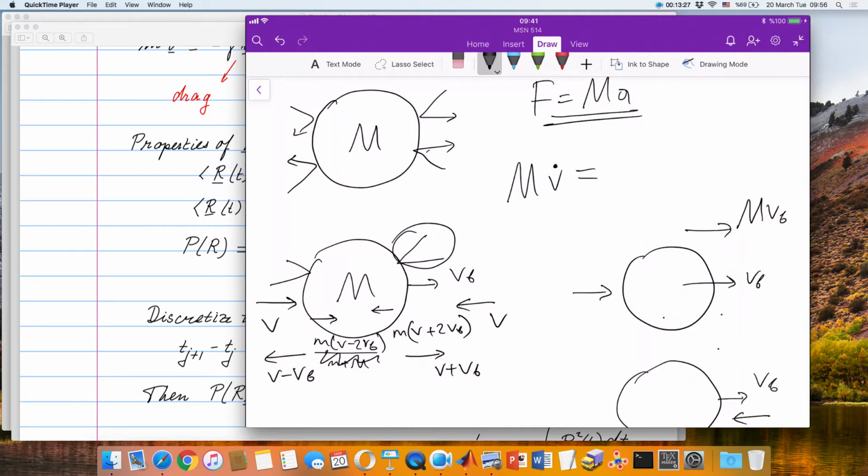So that deposition can be expressed with this. Let me call this VB, the velocity of the ball: minus gamma times the velocity of the ball. What do we call this term?